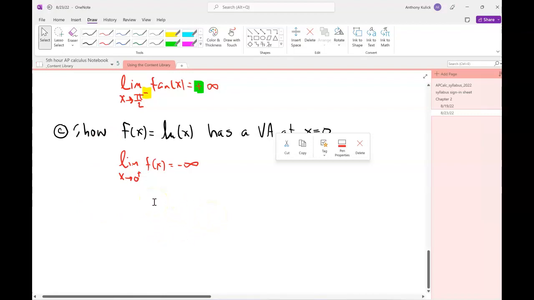Nope. All you need is one side of the limit to go to positive or negative infinity to show it's a vertical asymptote. That's all you need. Don't give more than you need. There's no points for overkill. You did it or you didn't. It's proved or it's not.